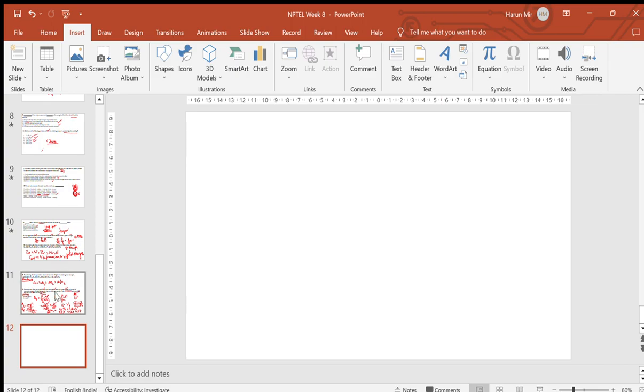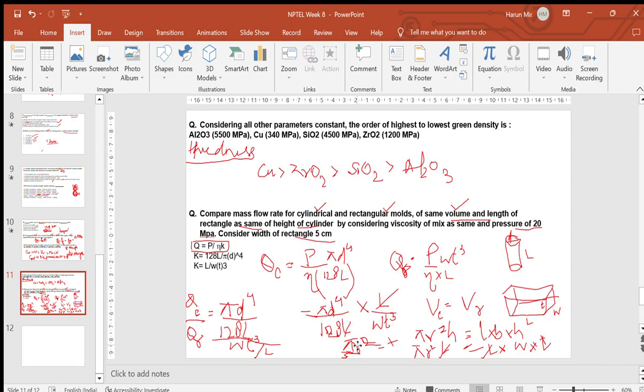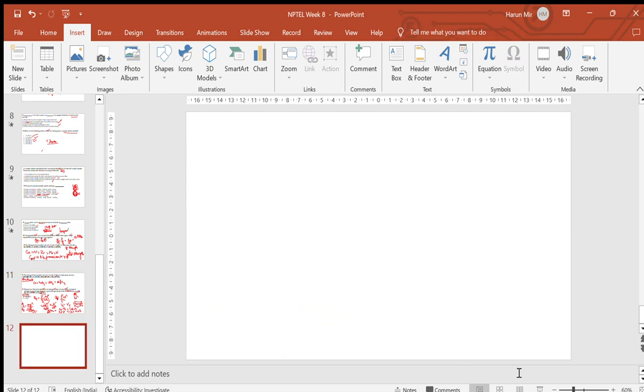Can you now calculate? First, I'll write this. So what kind of relationship have I arrived at? It was pi r square by 5 equal to T, I think that was the equation.